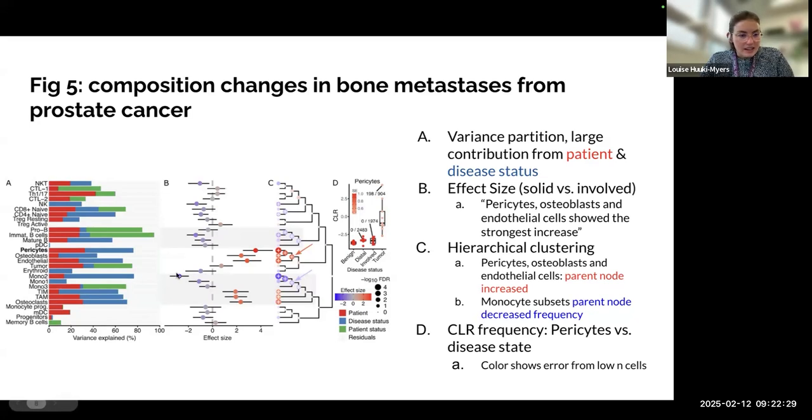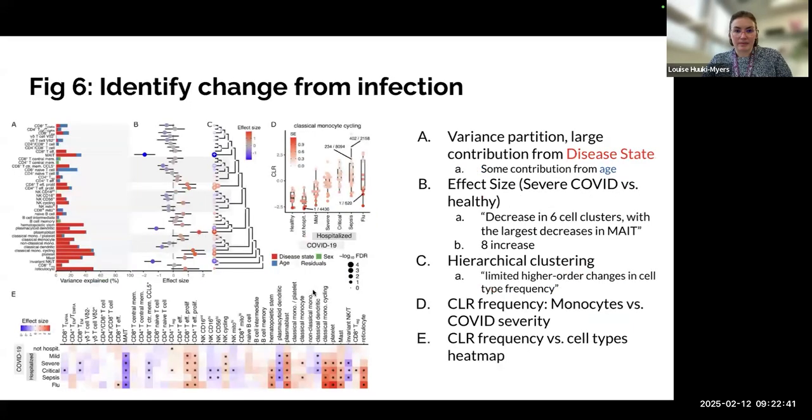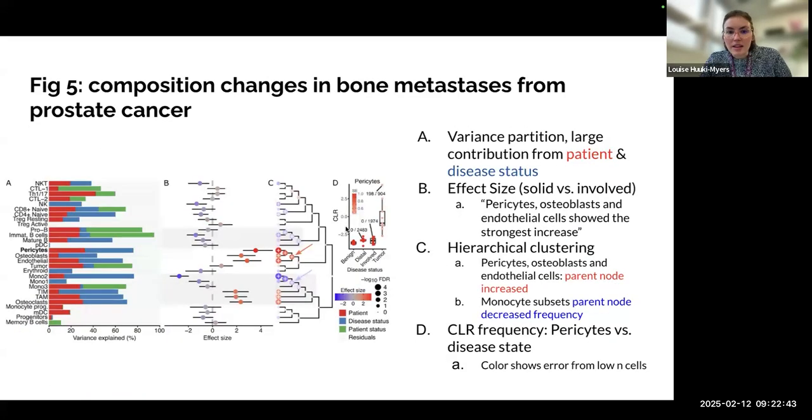And then on the flip side, we can see that the erythroid cell type has a negative effect size here. So sometimes you can see that the groups kind of move together. And then likewise, again, we can show our CLR estimates and the error estimates across these 4 different categories of disease status.